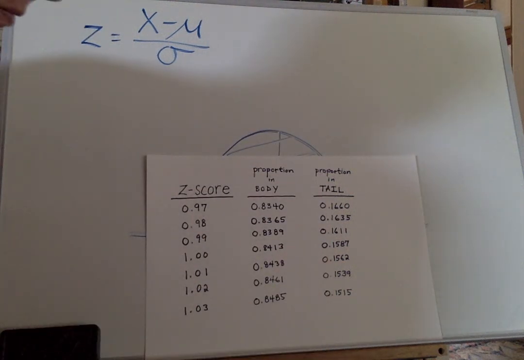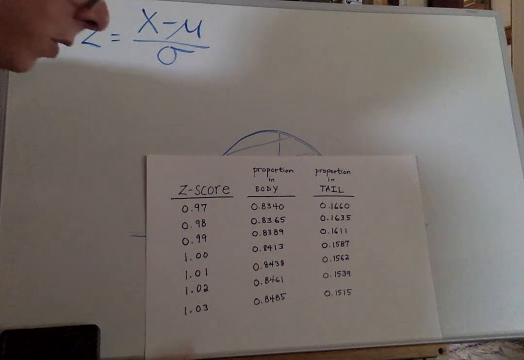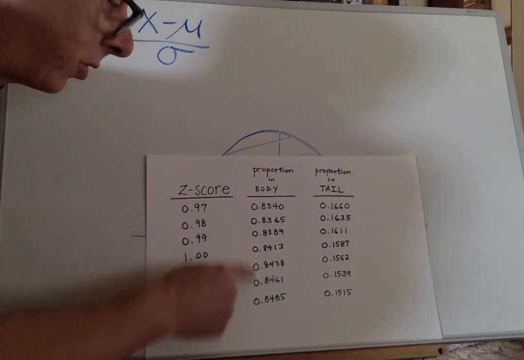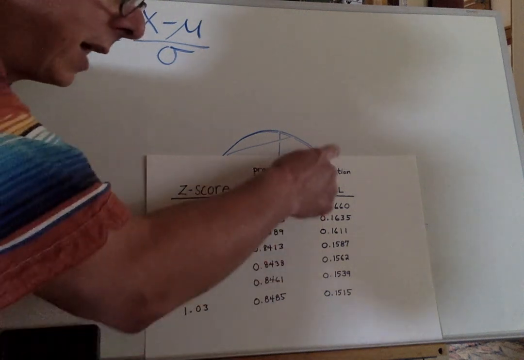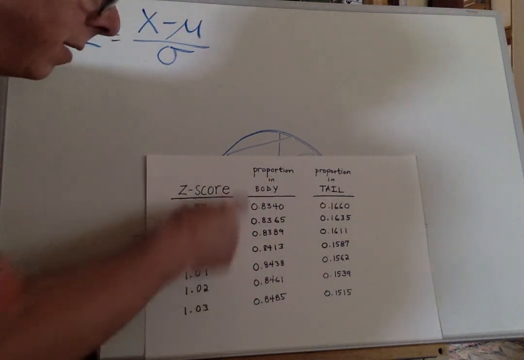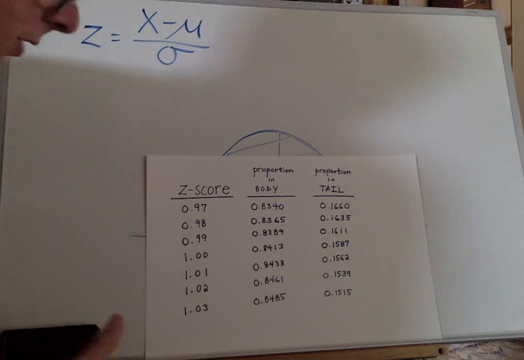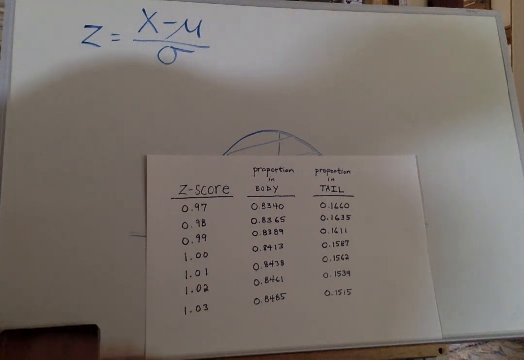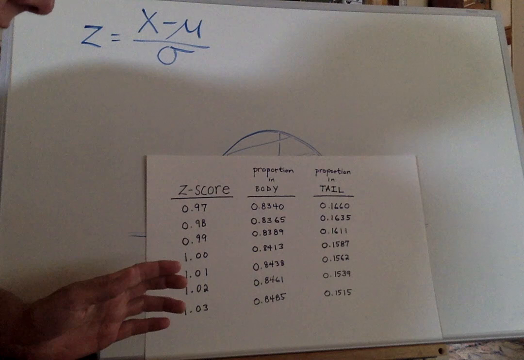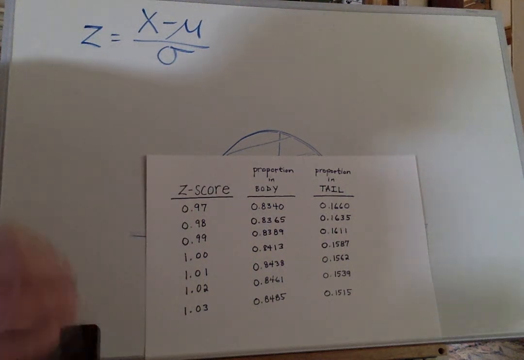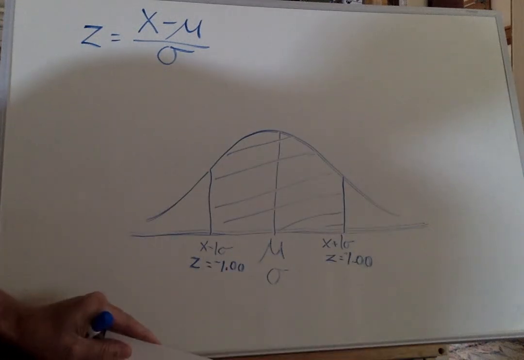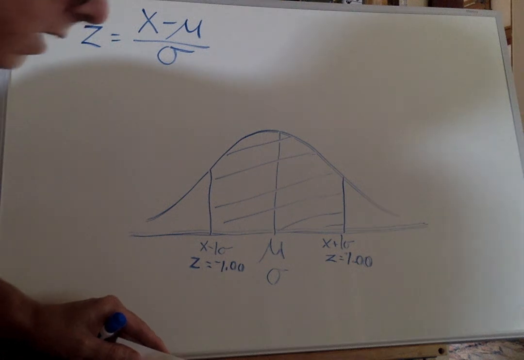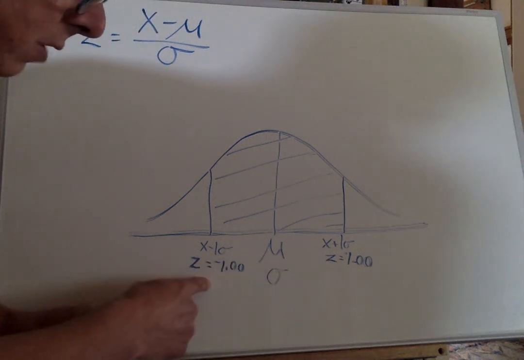So that's how these columns work. In fact, you could just report the proportion in the body, because people should know that the proportion in the tail is just 100 minus this percentage, right? So anyway, if we use this z-score table, remember the question is, what percentage of the curve falls within a standard deviation? So +1 and -1 for z-score.